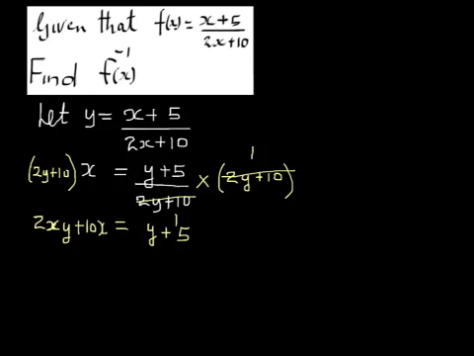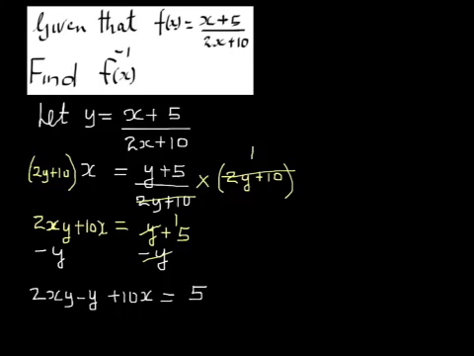So what we have left is 2xy minus y, and we have plus 10x. This would become 0 because y from y is 0. So what we have left on the right hand side is just 5.